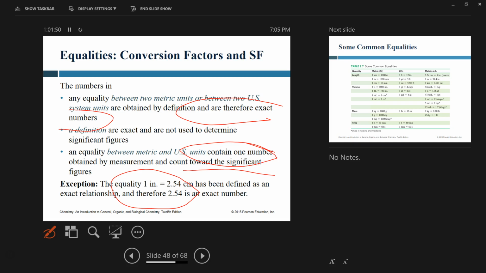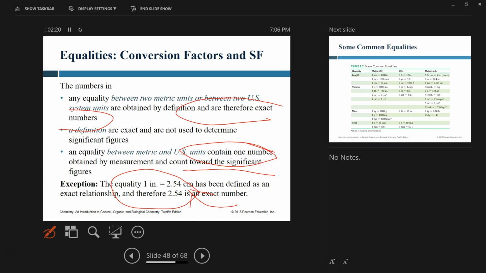So the only one is the inch. It's strictly 2.54. There are no other numbers after 4. That's a definition. Does that make sense? Well, obviously, all fractions of an inch and all multiples of inches can be derived from that. So if you think about it, an inch is 2.54.